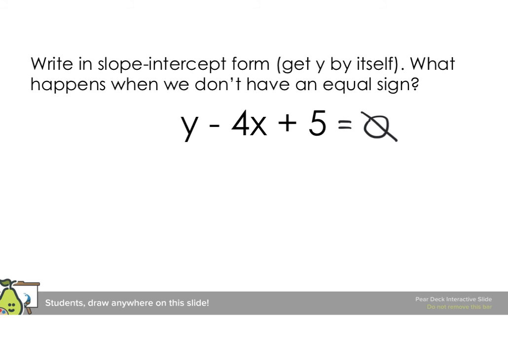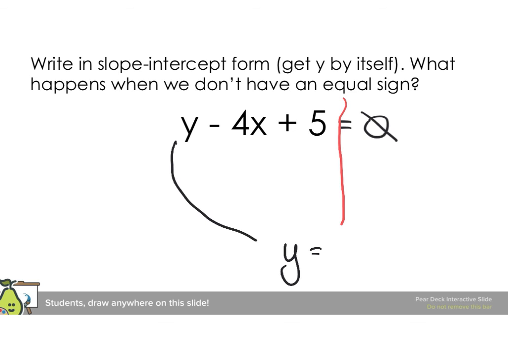Okay? Anything can be equal to nothing. So this statement reads as this was not equal to anything because there was no equal sign. But by adding a 0, we can now draw our line down the middle and solve to leave us with y equals.